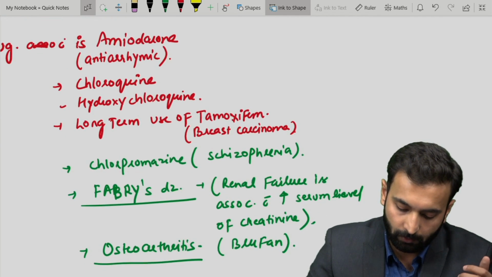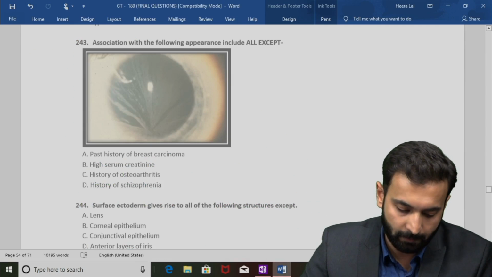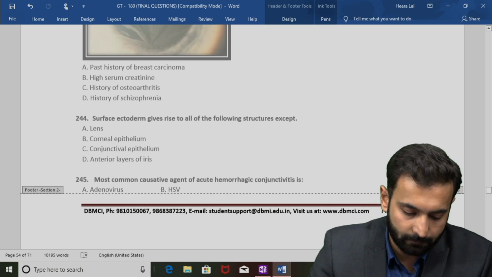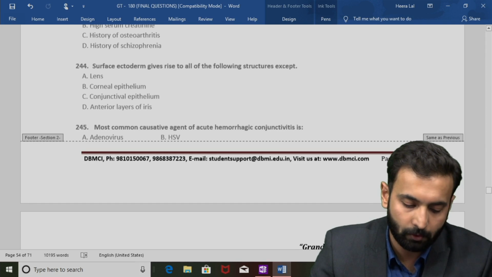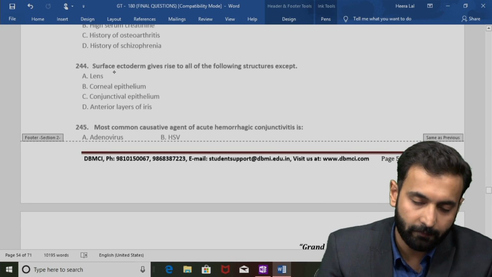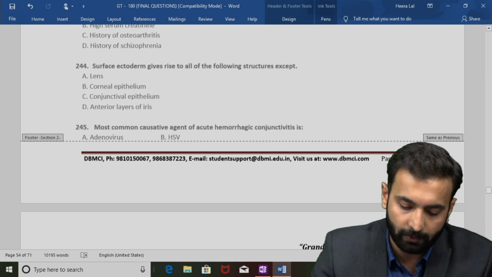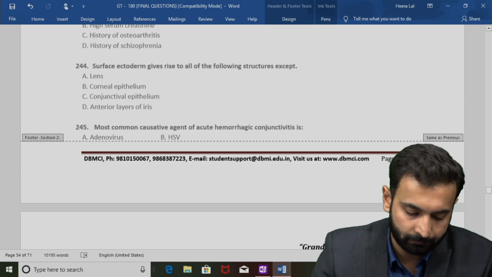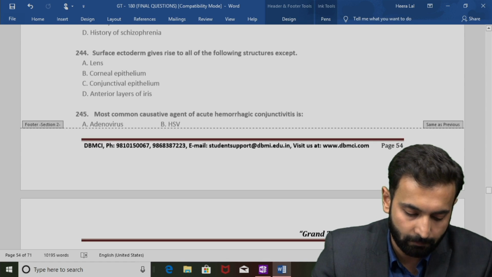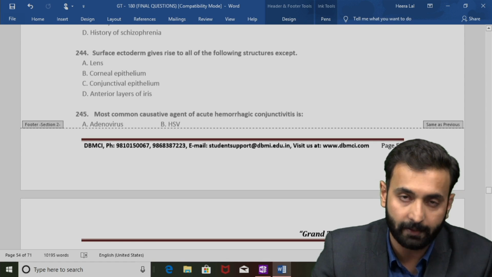So this is all about vortex keratopathy that you should keep in mind. Now coming to the next question. Question number 244. They have asked that surface ectoderm gives rise to all of the following structures except, and the answer here is option D, anterior layers of iris.